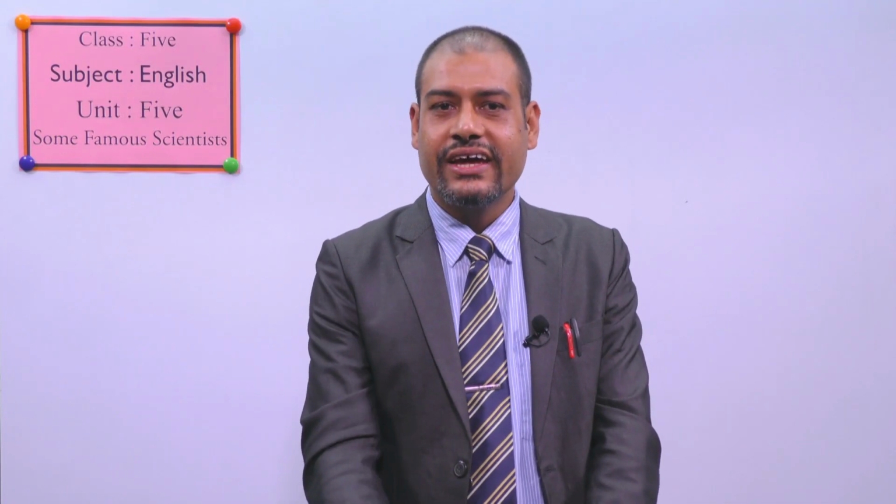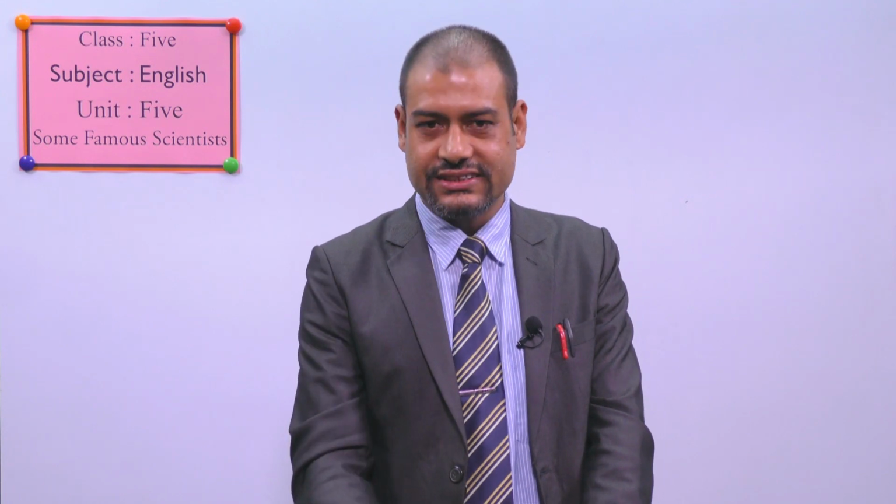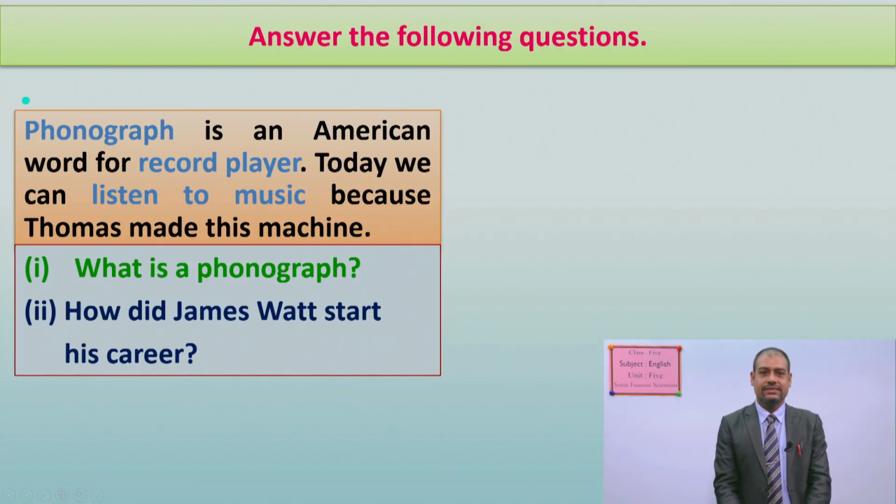Now another, again we have to answer the following questions. See, look at, dear students, here phonograph is an American word for record player. Today we can listen to music because Thomas made this machine. I have taken it out from your text, which we have already learned. And from these keywords, you can write the answer of question number 1.